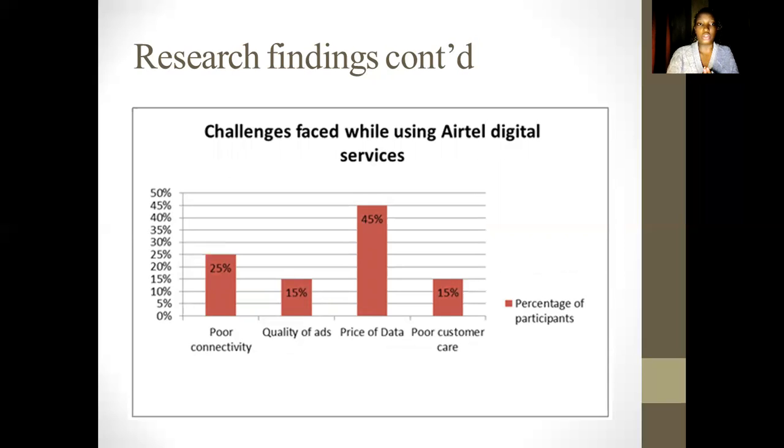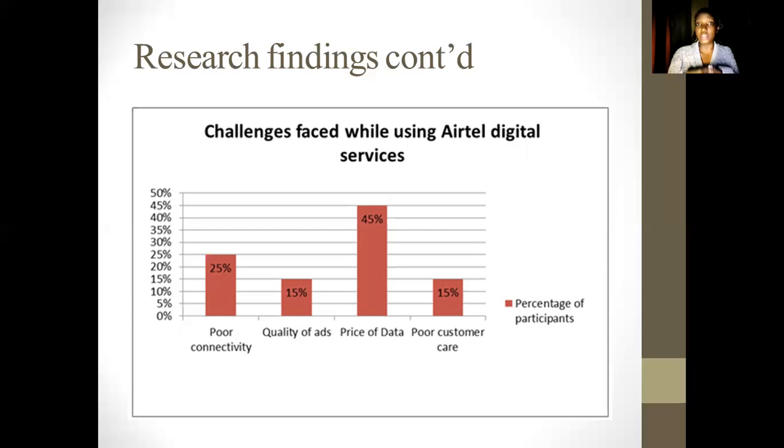Of course, in the research, I had to know the challenges the customers feel while using these services. As the research graph shows, the participants answered that they have poor connectivity. 25% of the participants say that they meet poor connectivity while using those services. 15% answer that there is a poor quality of ads, that the ads are not explainable, or they are poor, they're not understandable.